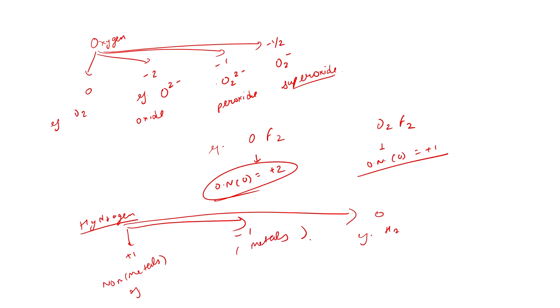Examples: H2O, NaH. So, these are the three oxidation numbers I discussed for hydrogen.